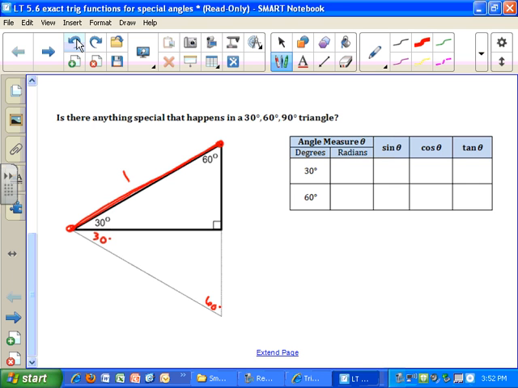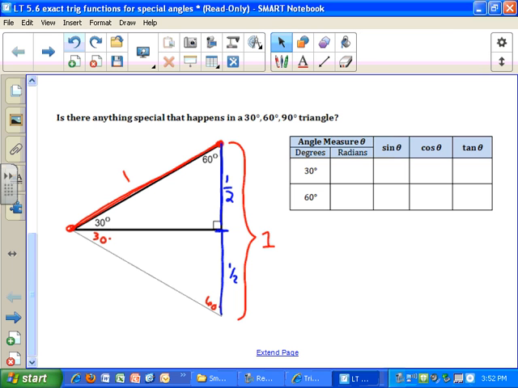So all 3 sides are the same length, all 3 angles are the same measure, and so this entire side right here would also have to be 1 unit long, which would make this side exactly 1/2 of a unit, and that piece would be 1/2.